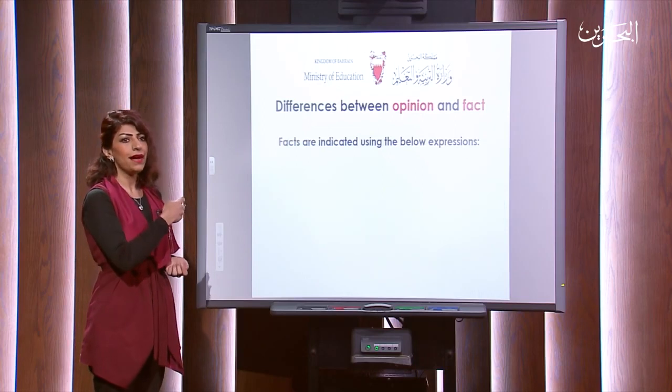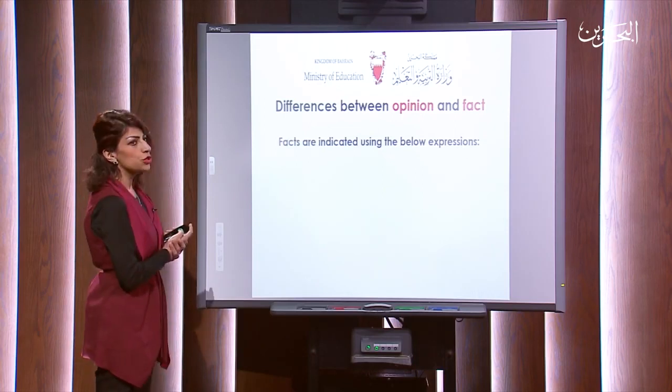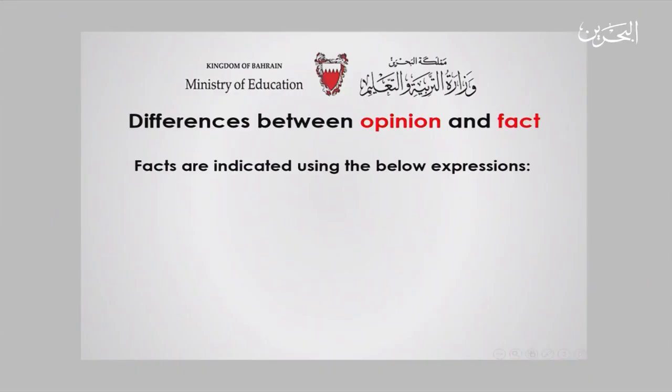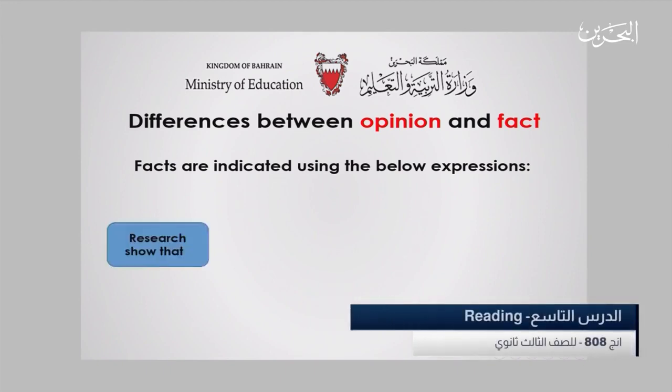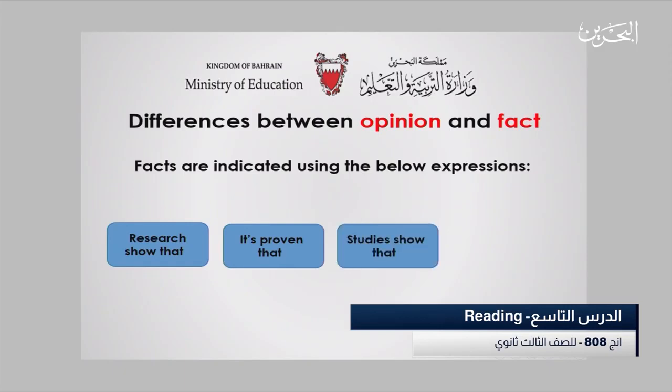Now let's move to the facts. Pay attention, my dear students. Facts are indicated using the below expressions. Research shows that. It's proven that. Studies show that. Surveys have shown.